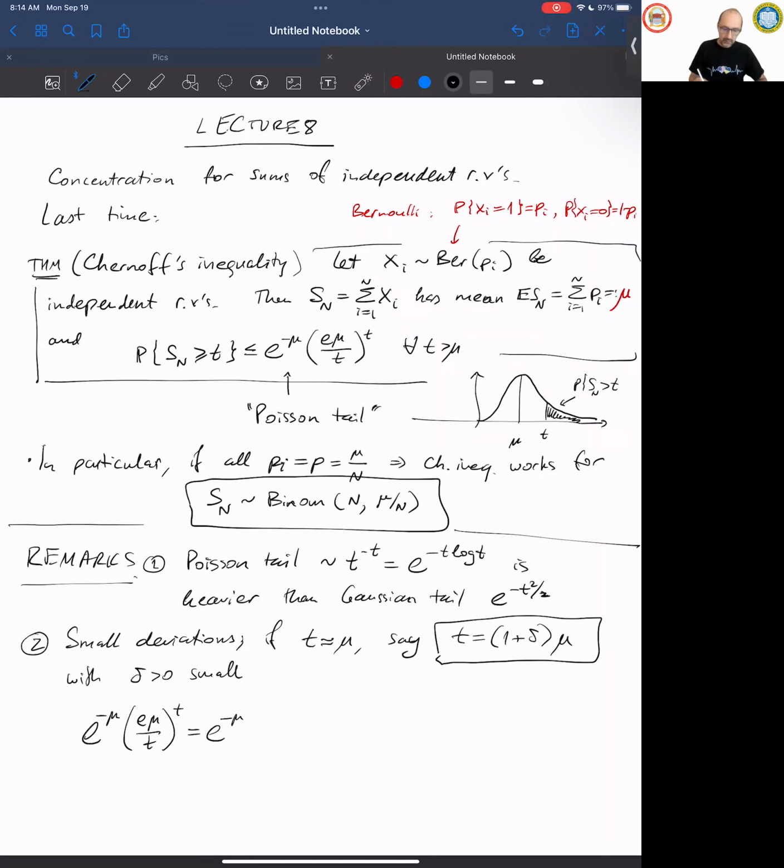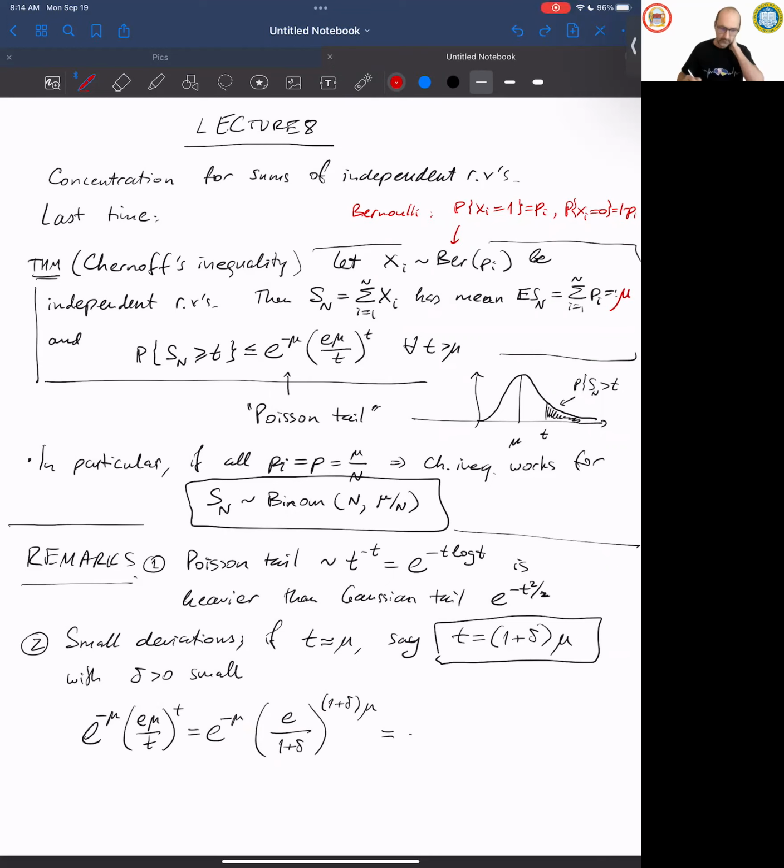So I substitute this t here, e mu over t. So mu cancels, and I get 1 plus delta here. And t is 1 plus delta mu. Okay, so far so good. So I will collect: e to the minus mu will cancel with the e to the mu, I think.